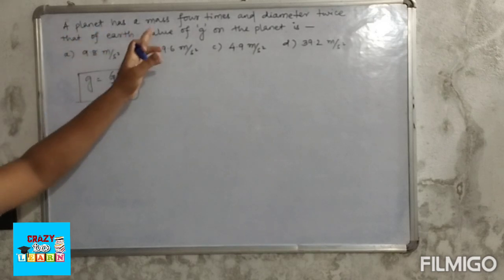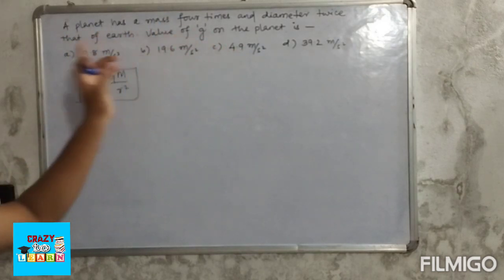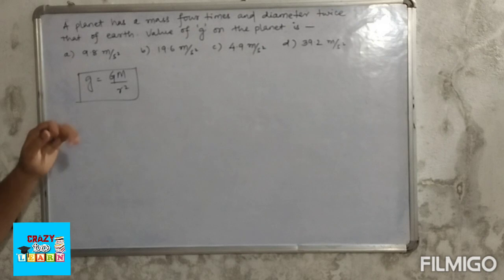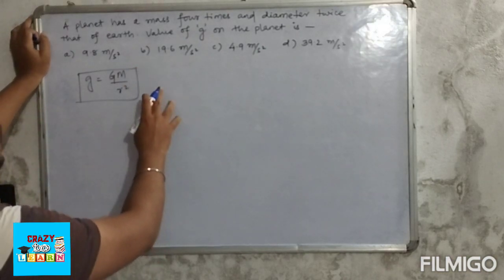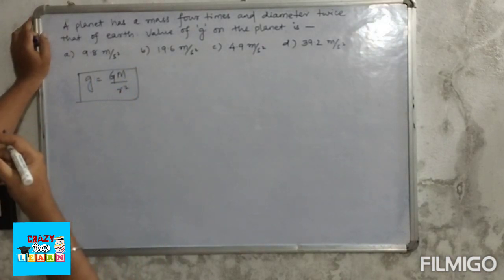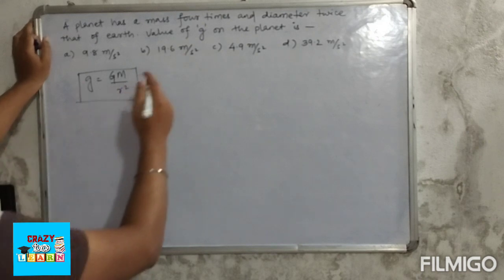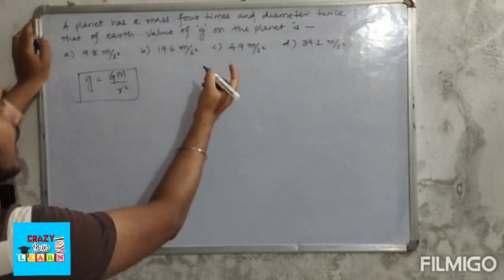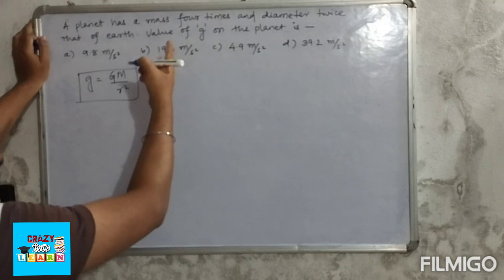A planet has a mass 4 times and diameter twice that of the Earth. So the mass of the other planet as compared to the Earth is 4 times.